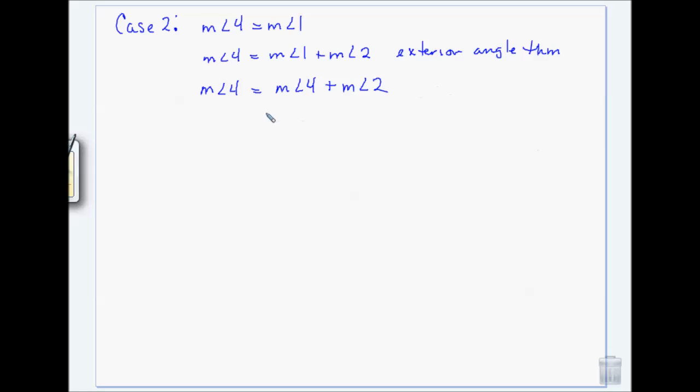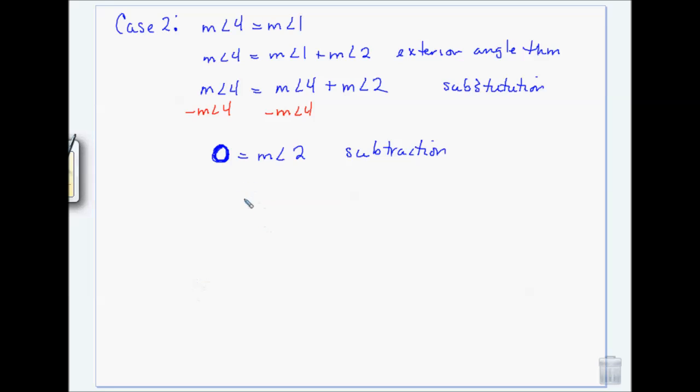Then I could subtract angle 4 from both sides, which would mean 0 is equal to the measure of angle 2. And can an angle equal 0?